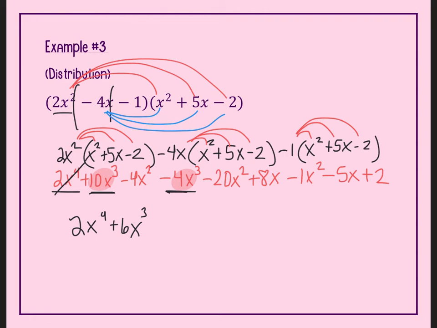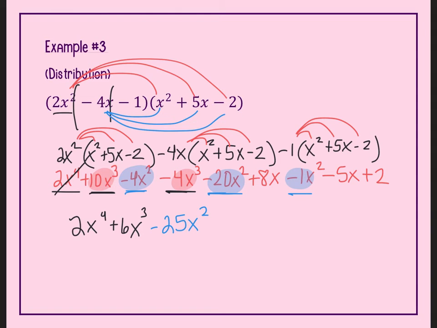Okay. Next, I'm going to do x squared. So negative 4x squared minus 20x squared minus 1x squared. Negative 4 minus 20 minus 1. Negative 4 minus 20 is negative 24, minus 1 is negative 25x squared. Okay.